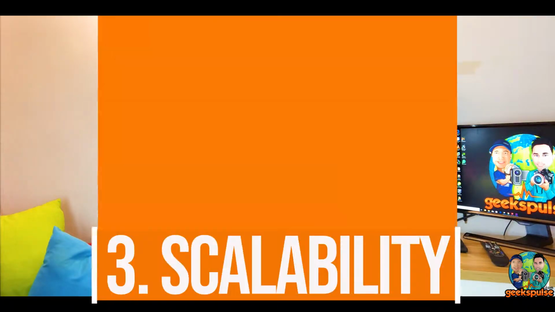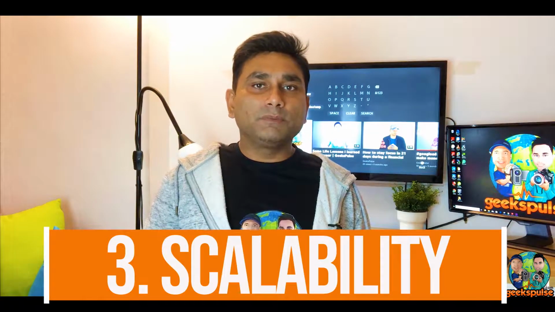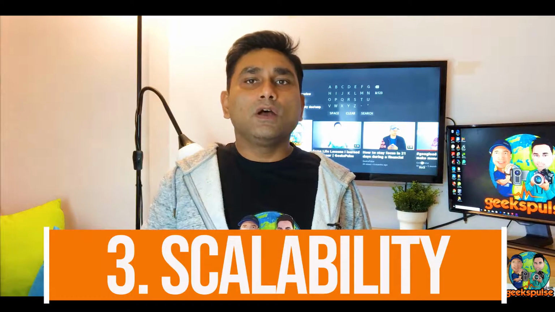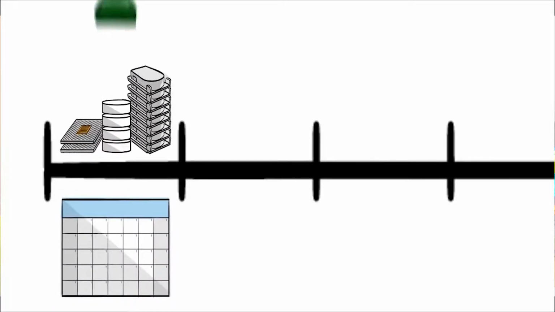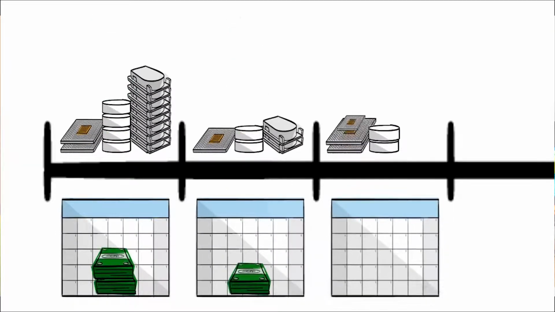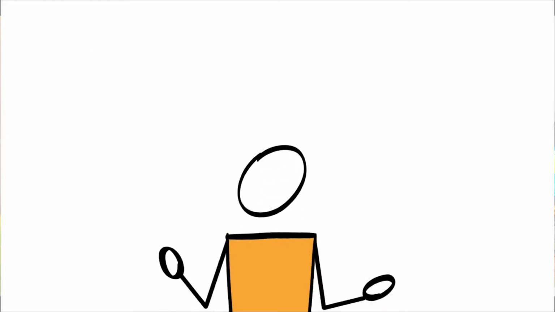Number 3, scalability and automation. How to ensure optimal performance. AWS allows for scalability and automation, both of which can greatly benefit your business. If your environment is expected to grow over a period of time, you can design a scalable infrastructure in the cloud that will support the increased traffic with no drop in performance.